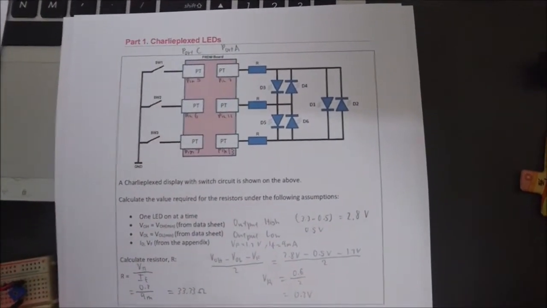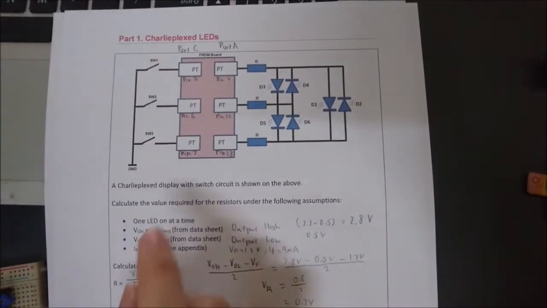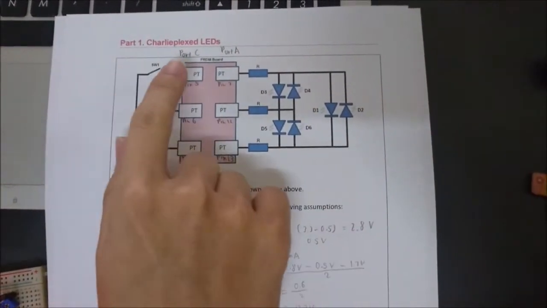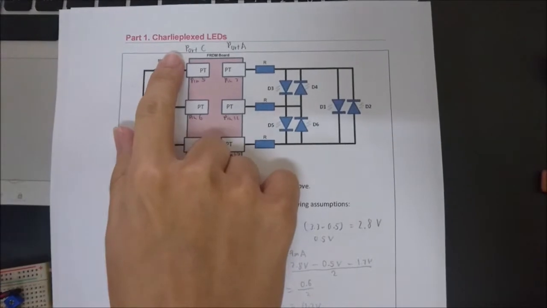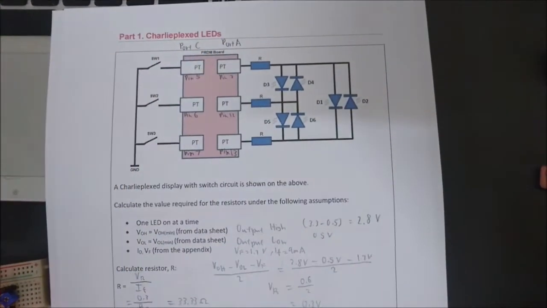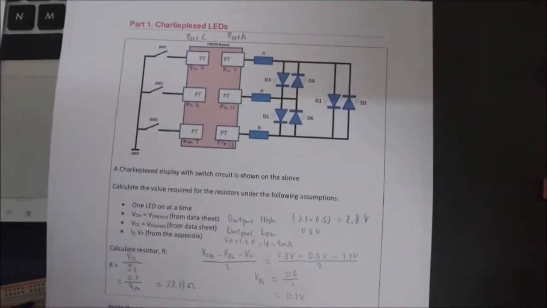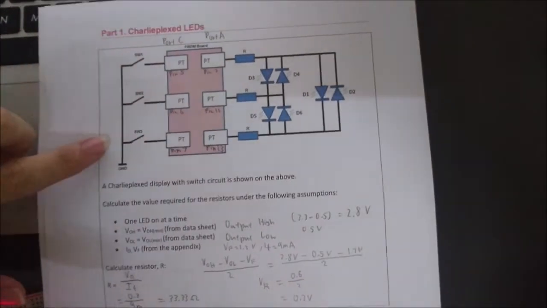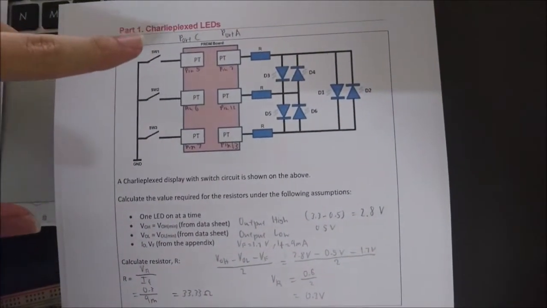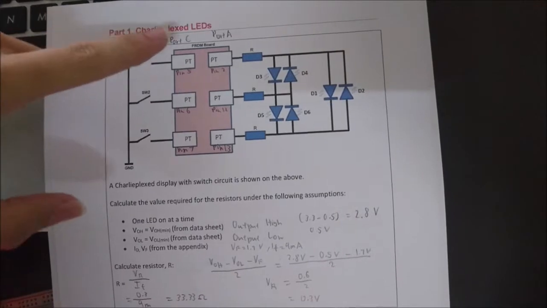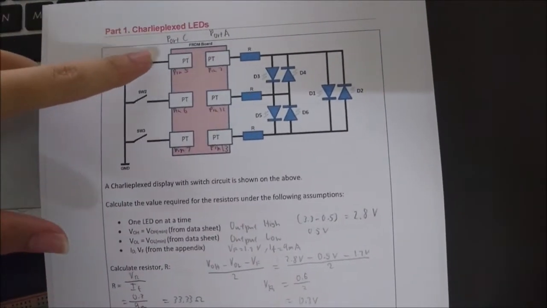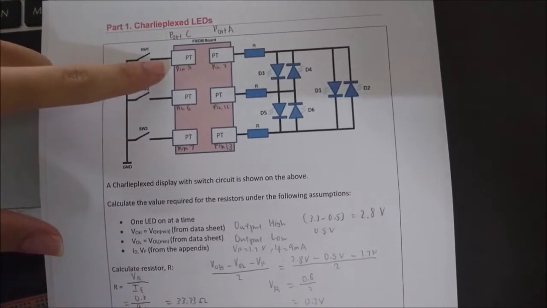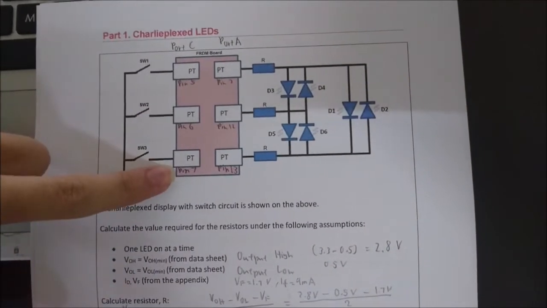Today we'll be doing the Lab E3 report, and right now we'll be doing part 1, which is Charlieplexing LED. For this part, we'll set the input to port C, which is pin 5, pin 6 and pin 7.